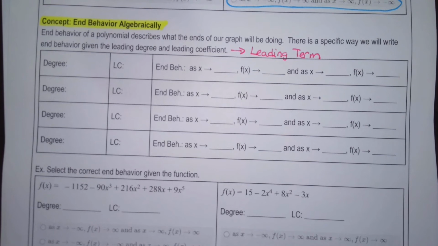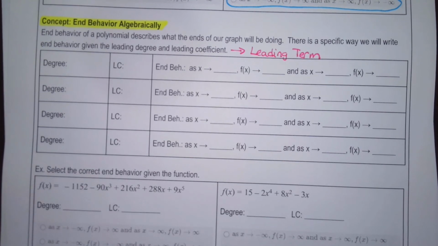So we need to identify our leading term. If it's not in standard form, make sure you know how to find your leading term. Now, what I mean by degree and leading coefficient is: degree, is it even or odd? Leading coefficient, is it positive or negative?